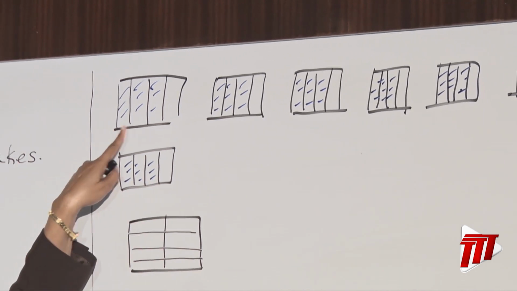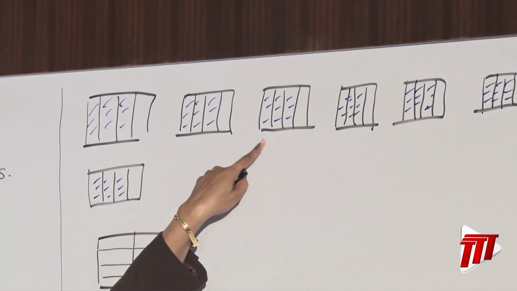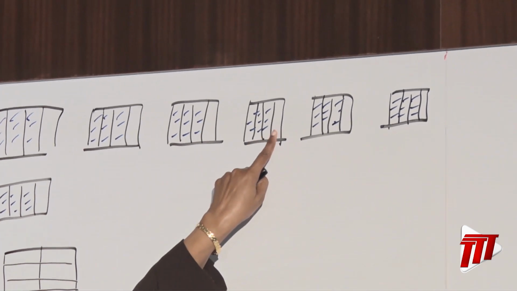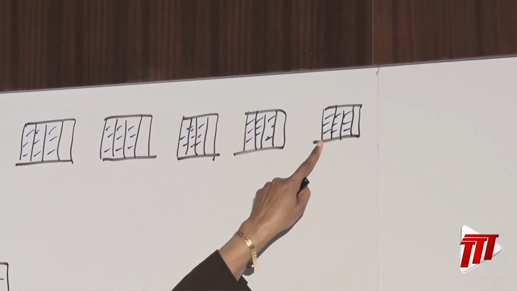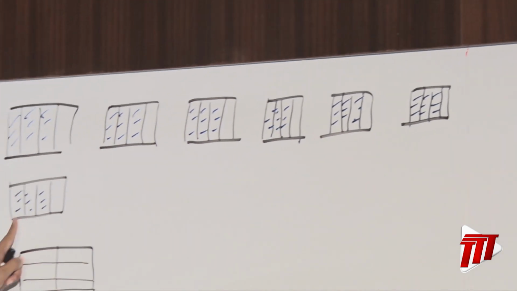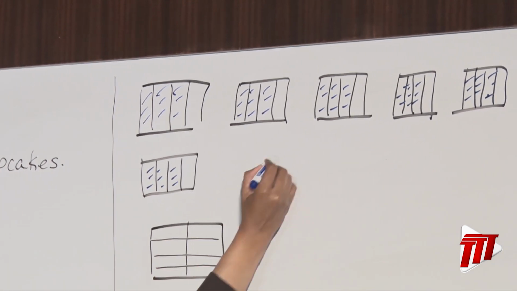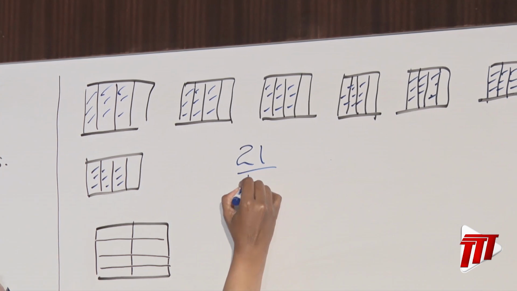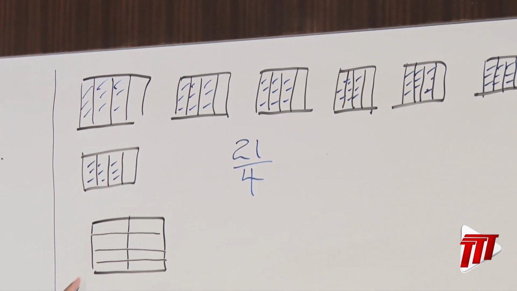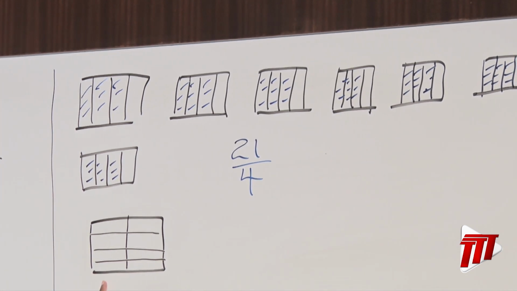We have 1, 2, 3, 4, 5, 6, 7, 8, 9, 10, 11, 12, 13, 14, 15, 16, 17, 18, 19, 20, 21. 21/4.